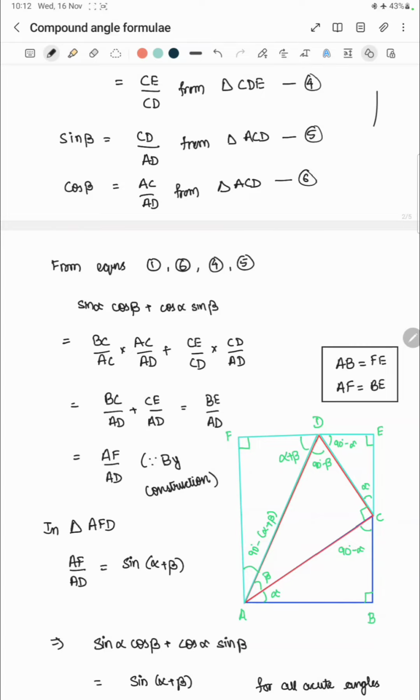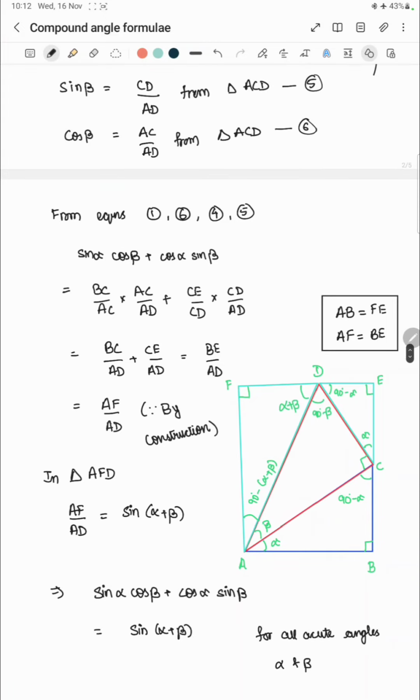Now look in the triangle AFD. We have AF, which is the opposite side to alpha plus beta, and AD, the hypotenuse. Opposite by hypotenuse is the sine of that angle. What is the angle? Alpha plus beta. So AF by AD is sine of alpha plus beta.